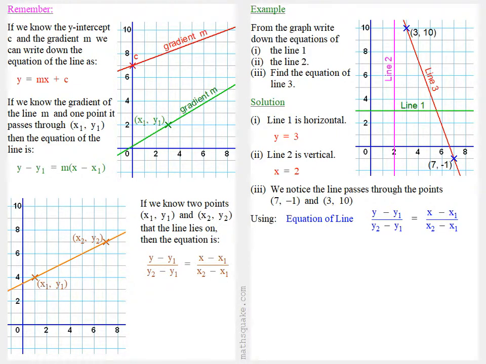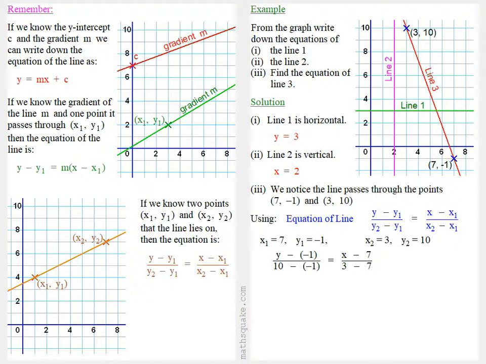And we have x1 is 7, y1 is minus 1, and x2 is 3, y2 is 10. Substituting, we get (y take away minus 1) over (10 take away minus 1) equals (x minus 7) over (3 minus 7). Well, that gives us (y plus 1) over 11 equals (x minus 7) over minus 4.